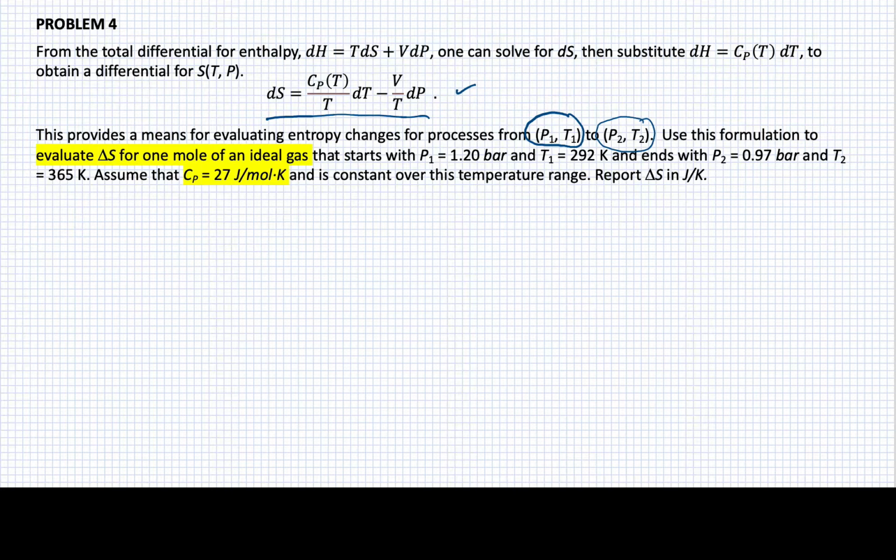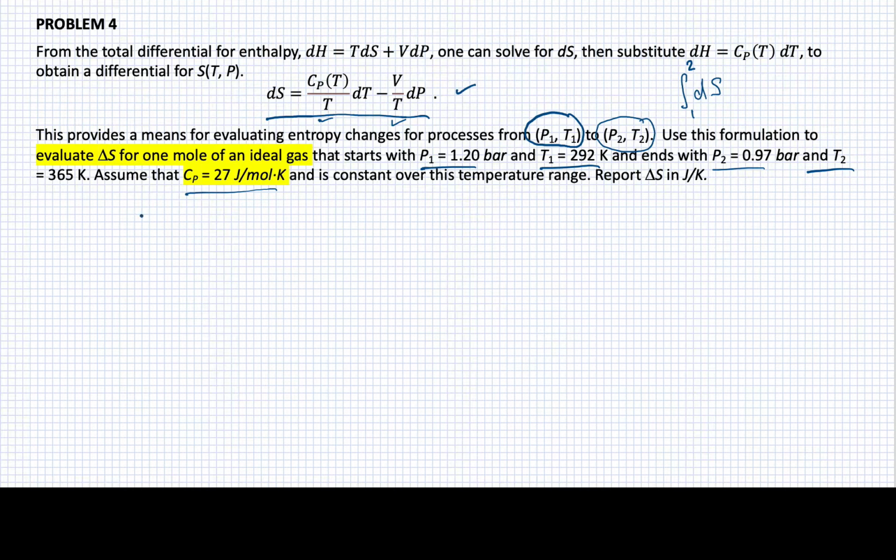So in doing this, I think it's obvious that you will need to integrate dS from point 1 to point 2. And there are 2 different terms that contribute to this evaluation. All right, you're given a few of the specifics about the pressure at each point and the temperature at each point, and you're given also the constant pressure heat capacity, and that it's constant over this temperature range.